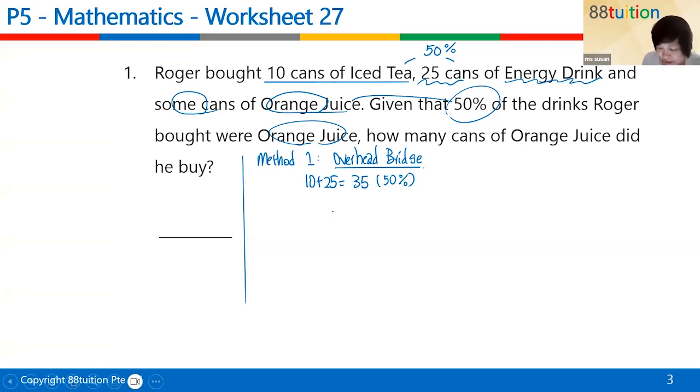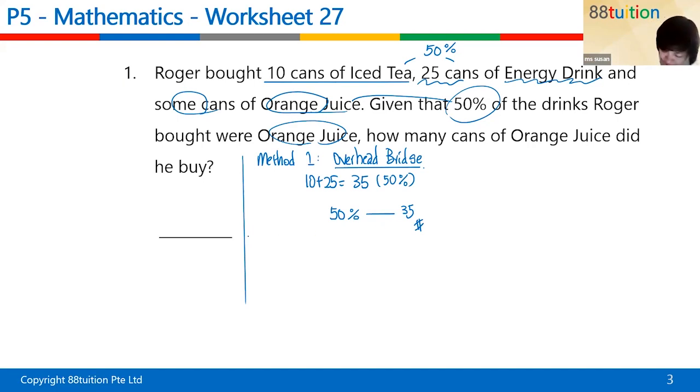If this is 50%, I'm going to put this: when this is 50%, this will give me 35. This one is easy. Don't even need an overhead bridge, because the cans is already 50%. How many cans will that be? It will be the same, 35. This one you don't even need to find, because this is half.